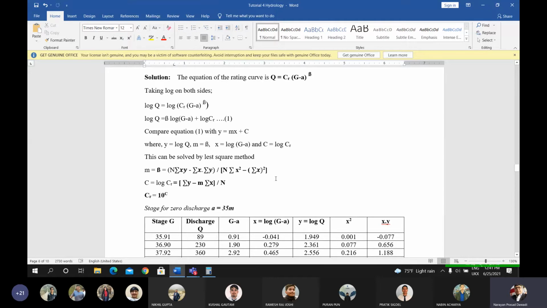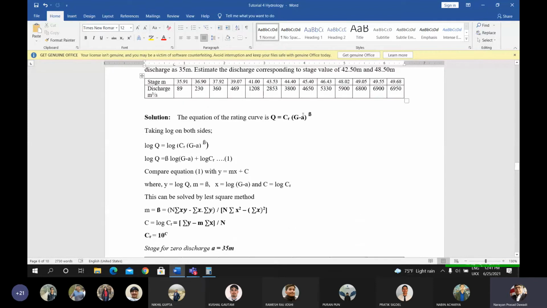You can find the value of beta and CR, and this equation reduces to Q is equal to CR (G minus A) power beta, where CR is a known constant, G is the stage, A is the stage corresponding to zero discharge, and beta is also a constant. The only unknowns are Q and G. If you provide any discharge, the corresponding depth of water can be calculated.